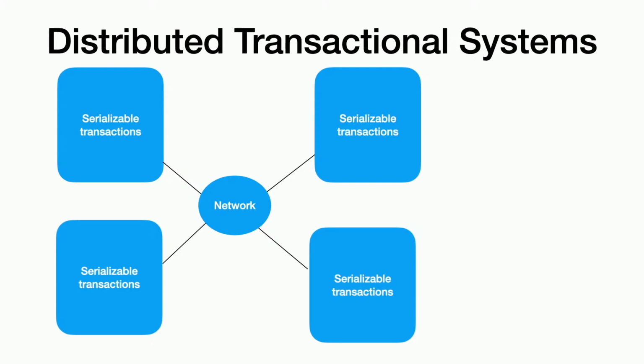At this point, I want to implement my transactions over this distributed system. So my data is split across these locations, and a transaction might access data that is located on several different machines.